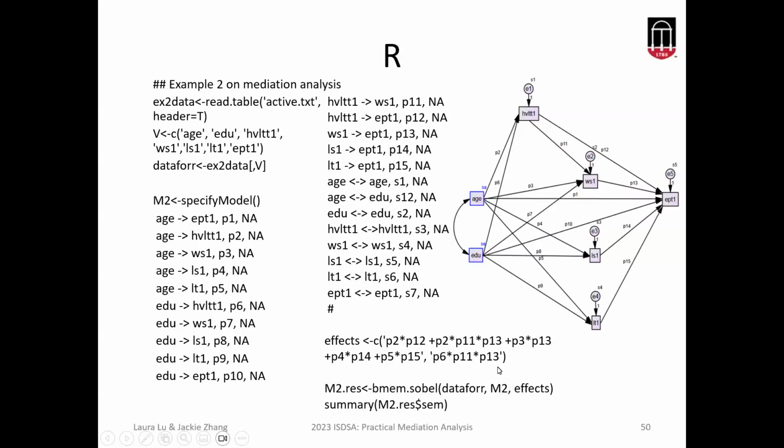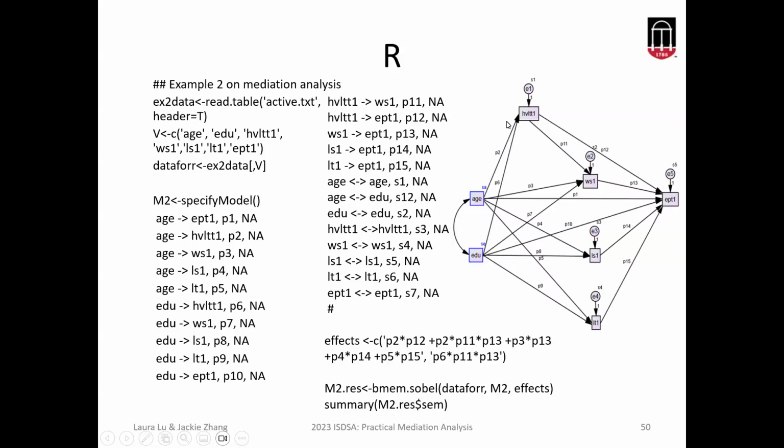And let's look at the second component. What is it? This is one specific indirect effect. So P6, where's P6? I couldn't find the P6. Oh, here. I'm sorry. From EDU to HVLTT.